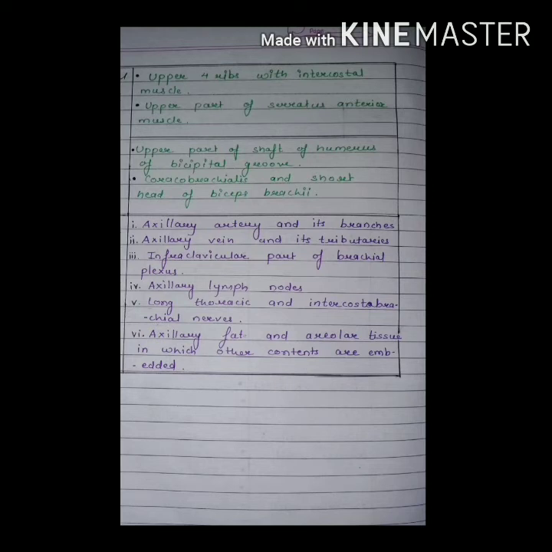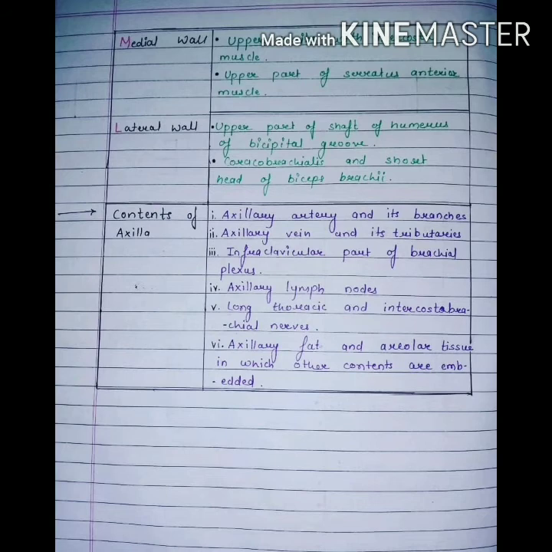Embedded means present or fixed over there. Now, how do you have to learn it? By watching the diagrams you will be able to learn easily. Whatever words, muscles or arteries are written, watch them in the diagram. It will be fixed in your mind as if it is present over there.